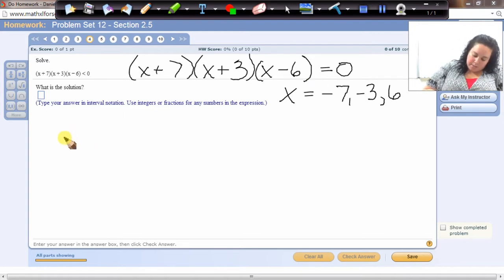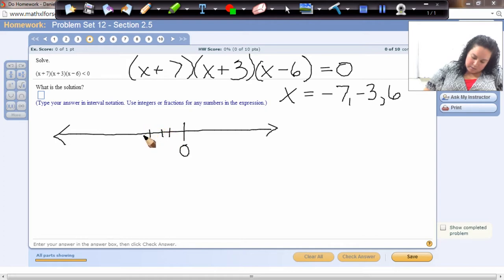All right, so let's look at a number line where we have 0 and then 1, 2, 3, -3 right here, 4, 5, 6, 7, -7, and then 1, 2, 3, 4, 5, 6.